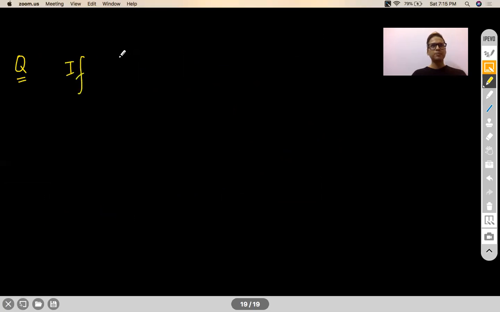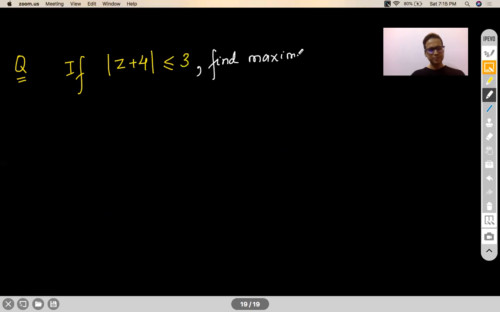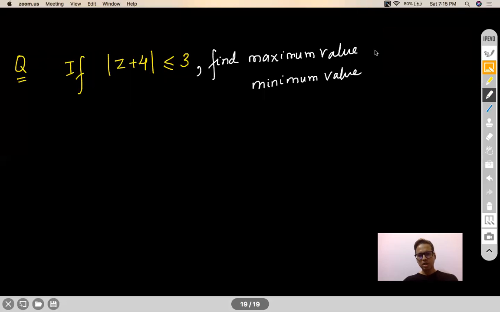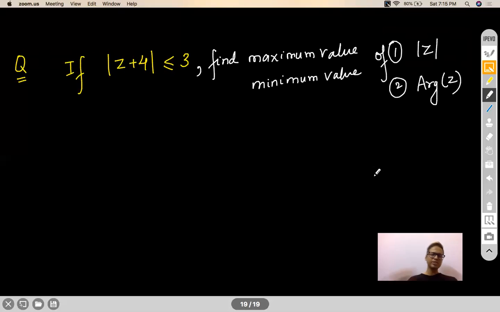If mod z plus 4 is less than or equal to 3, find the maximum value and minimum value of number 1, mod z, number 2, argument z. Let's see whether you are able to tackle this.